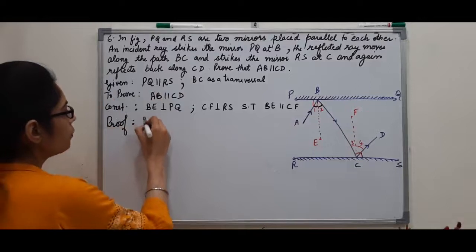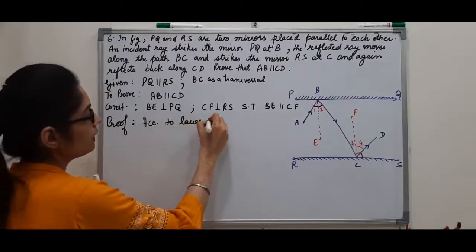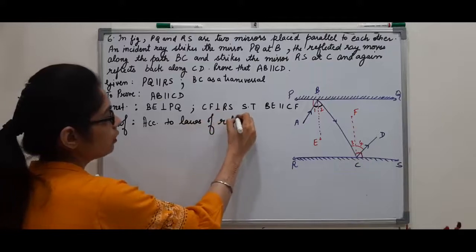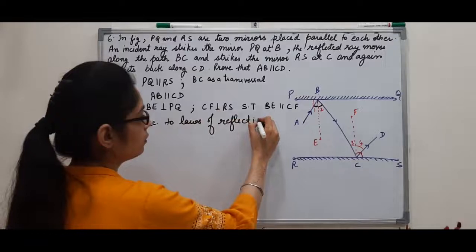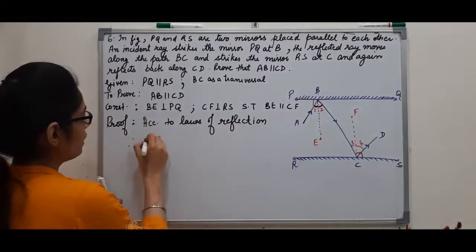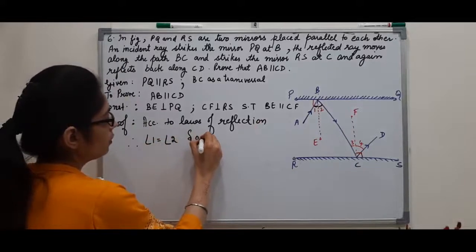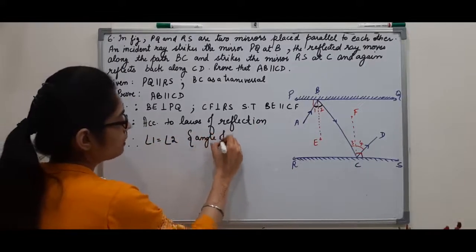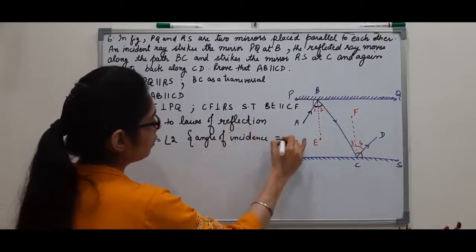So according to laws of reflection, angle of incidence is equal to angle of reflection. We can mention angle 1 is equal to angle 2.